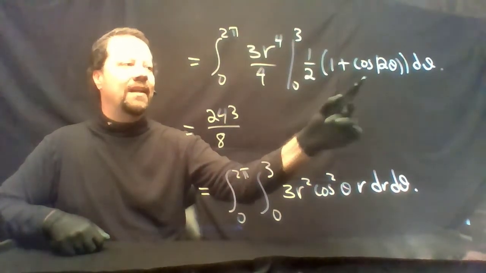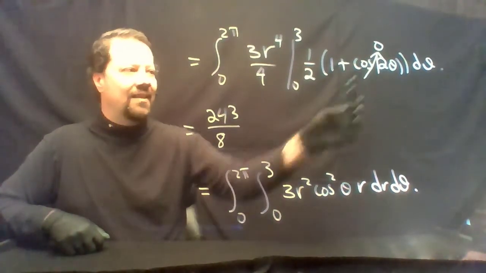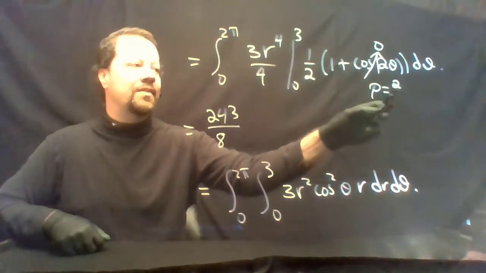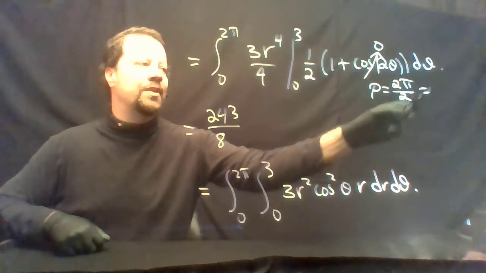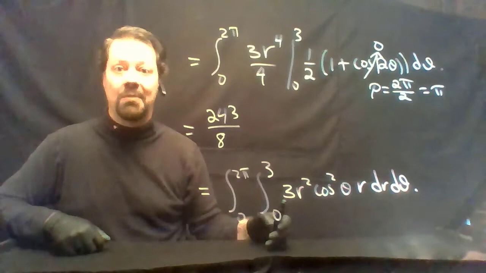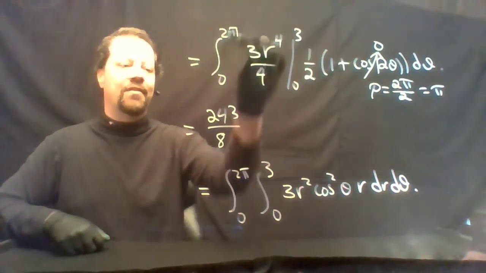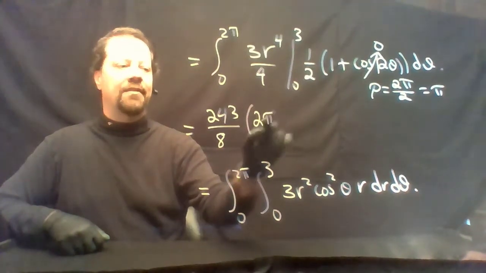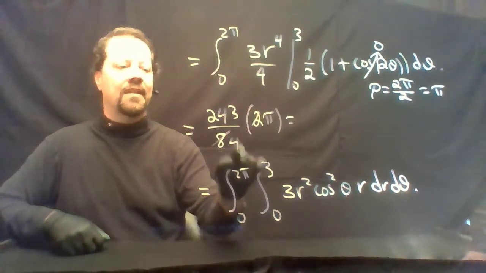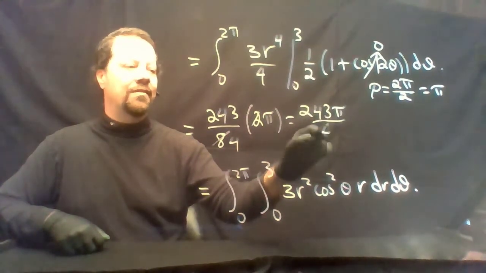And then we're integrating cosine 2 theta from 0 to 2 pi. The period of this function is 2 pi over 2, which is pi. So if we integrate over 2 periods, we get nothing. Integrating 1 on an interval of length 2 pi gives me a factor of 2 pi. So the answer is 243 pi over 4.